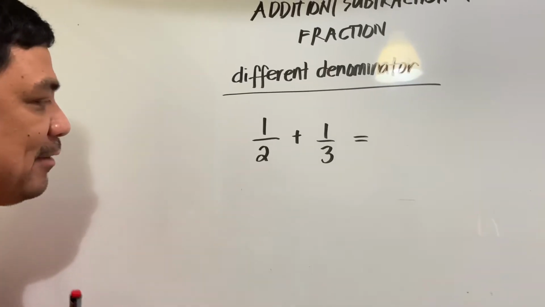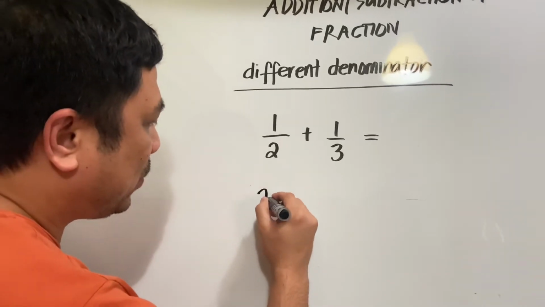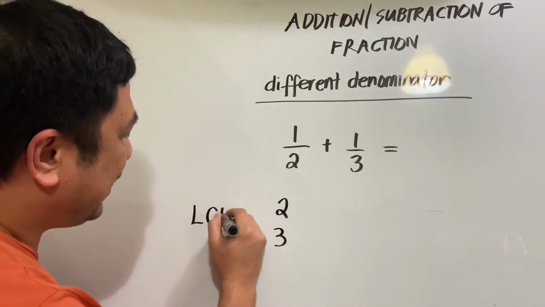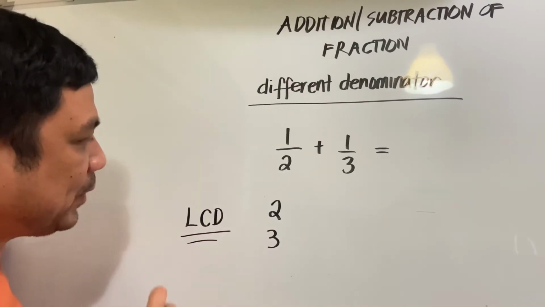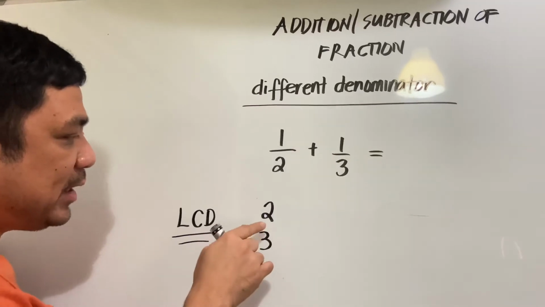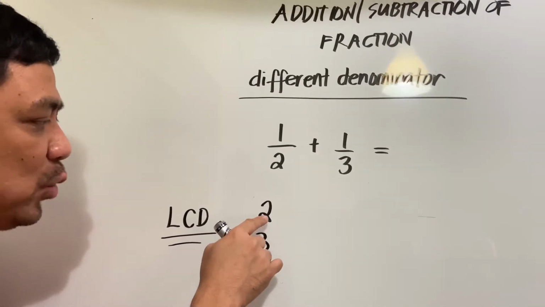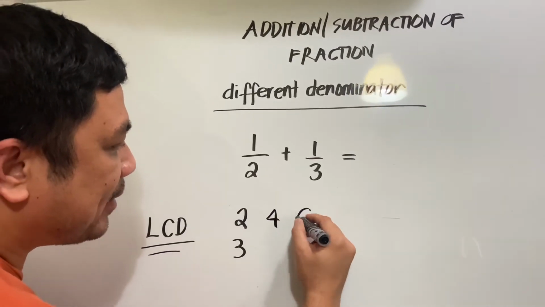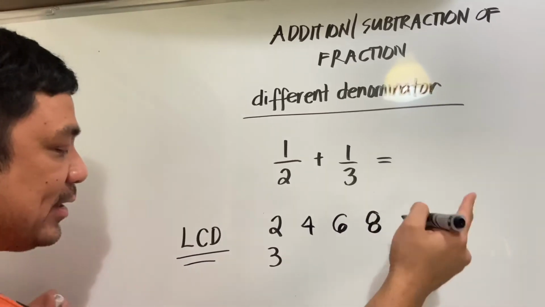So if I want to get the least common multiple of 2 and 3, what you will do is write all the multiples of 2, like 2, and then the next number is 4, and the next number is 6, and the next number is 8, and so on and so forth.